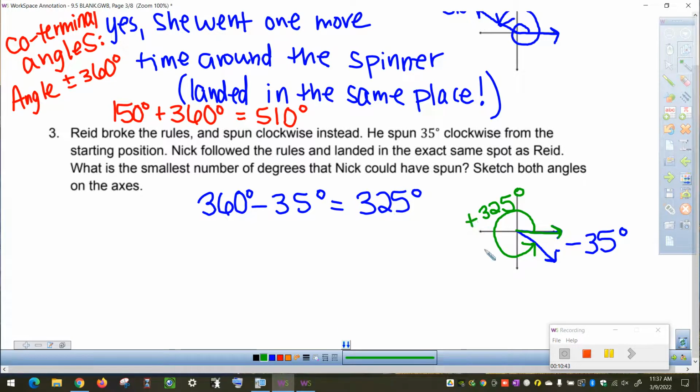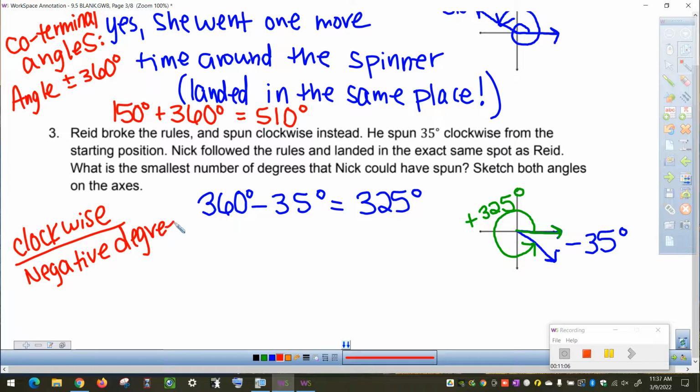So positive angle measures go counterclockwise, like the rules of the game. Negative angle measures go the other direction. They go clockwise. So let's make a note of that here off to the side. That moving clockwise gives us negative degrees.